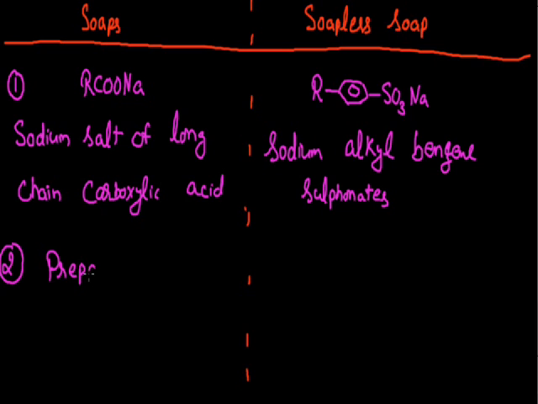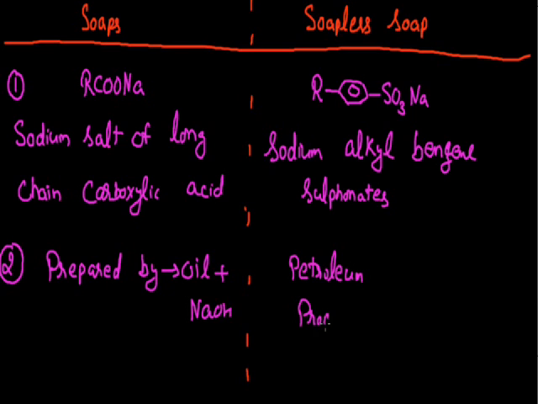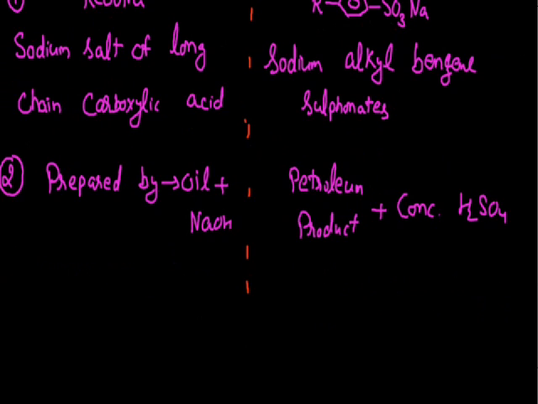These are prepared by taking oil and fat with sodium hydroxide, while the method of preparation for these, as we just read, is that they are formed by reacting petroleum products with concentrated sulfuric acid. Another thing, if I talk about the working of these two, is that the working is the same since they both work after forming micelles, and micelle formation is the basic step for the cleansing action of these soaps and soapless soaps. So the third difference is in their limitation.